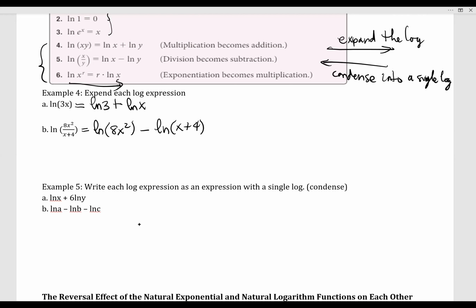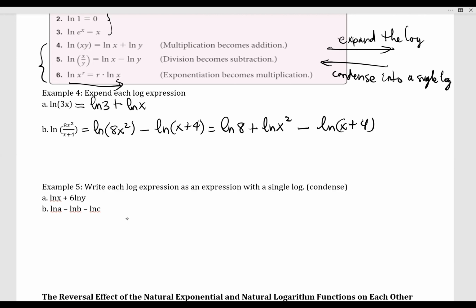For the first term, there is still a multiplication inside of the argument, and I can rewrite it as ln of 8 plus ln of x squared, and then minus ln of x plus 4.